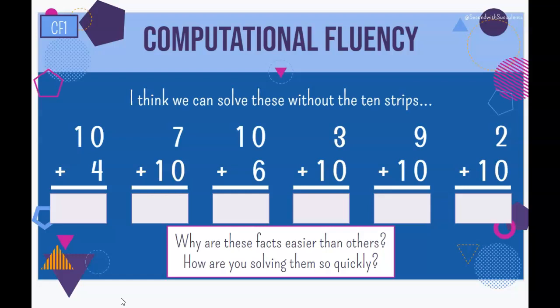You may be thinking, well, I know if I just have 1 ten and I add 4 ones, well, I just change the number in the ones place. My 1 stays the same to show how many 10s I have, and my other addend is my 1s. That's some good thinking. Are there any other ways you're solving these so quickly?